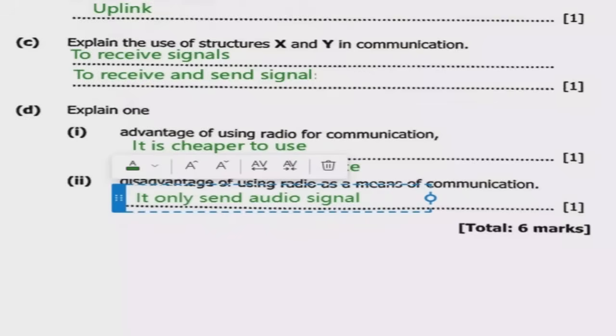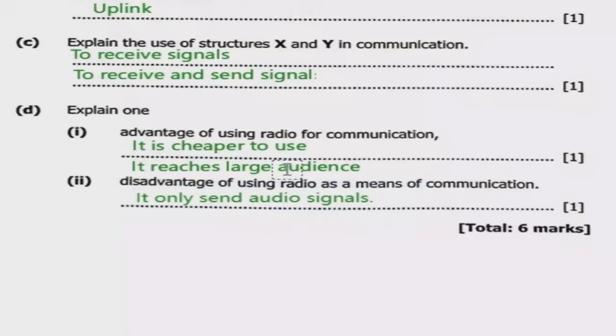That's all. You can't see, it does not send visual signals like the way television is. You can see what is being said or the person who is talking, but with radio you only hear what someone is saying. You can't see them.